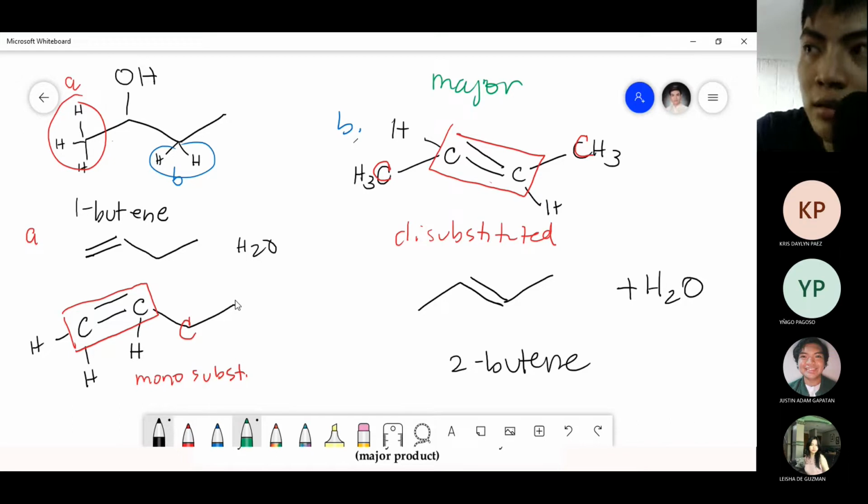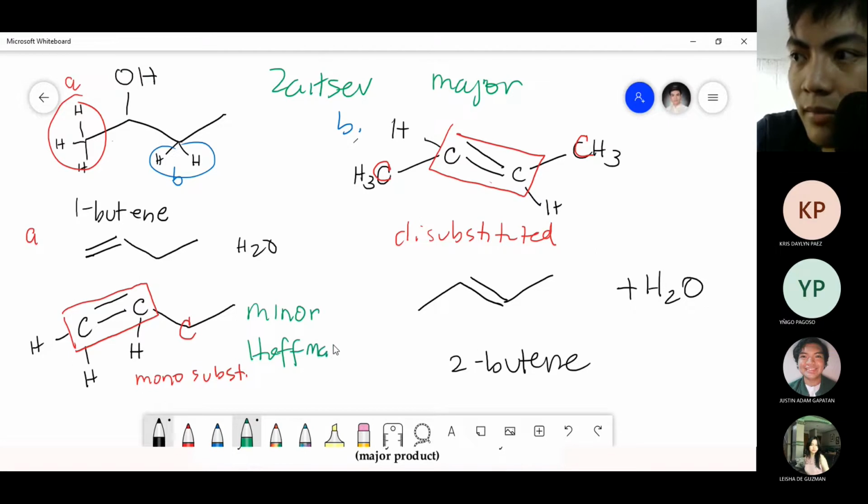So kung sino yung marami, siya yung major product. Okay? So di-substituted, mas marami kaysa sa mono. So ito yung major, ito yung Zaitsev. Okay? Ito naman, isa lang yung carbon na nakadugtong sa kanya. So ito ay yung minor product or the Hoffman. Okay? So ganun lang siya.